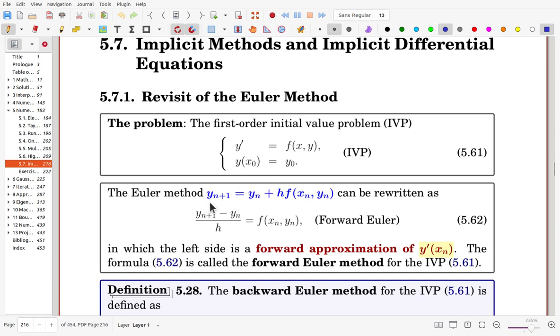This approximation uses a forward value: yn plus 1 is the approximation at xn plus 1. So this difference is a forward approximation of y prime at xn, and that's the reason this formula is called the forward Euler method.